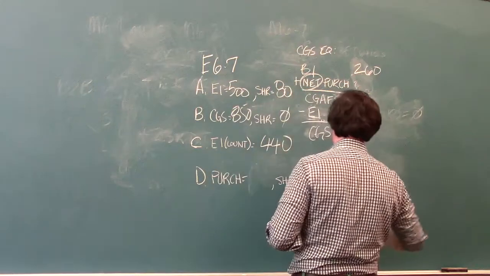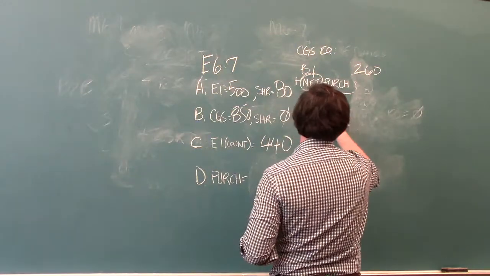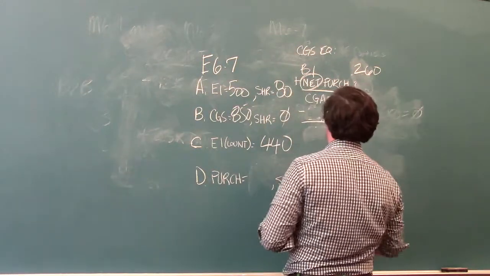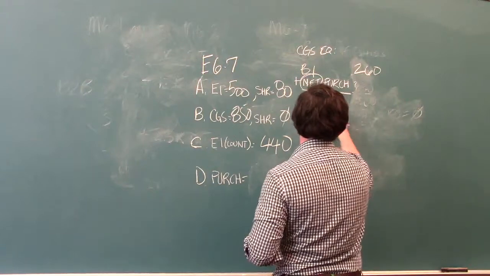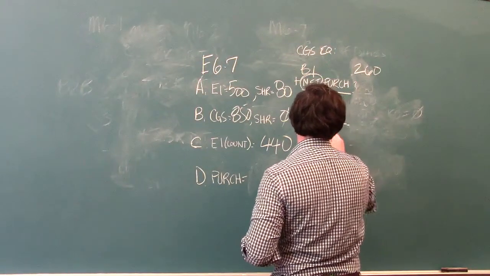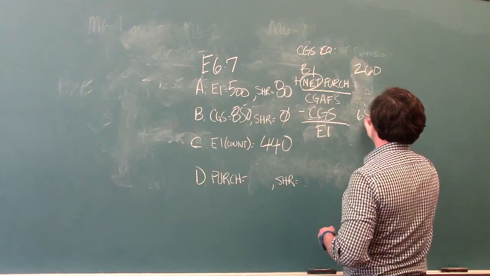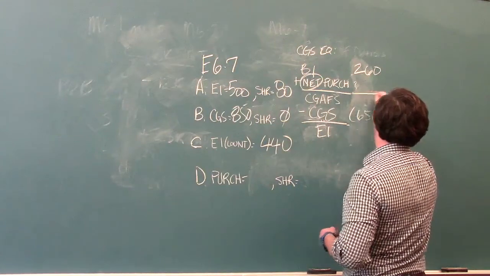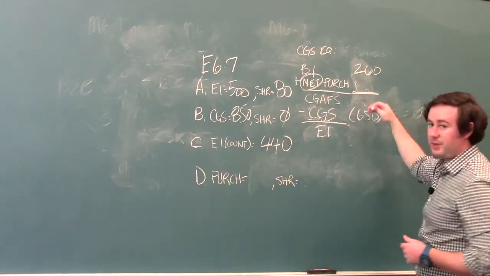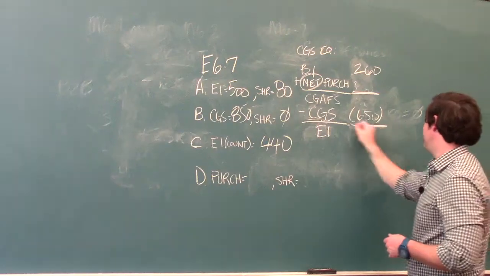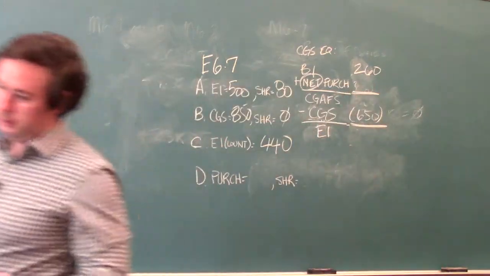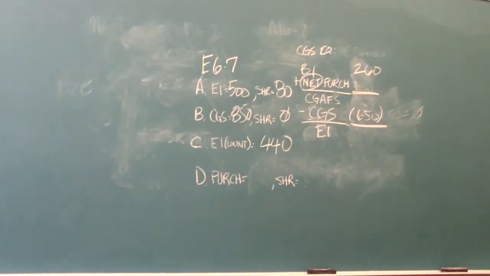So let's switch this guy out real quick too. Say cost of goods sold and ending inventory here. Cost of goods sold was $650. So we had something here that we subtracted $650 from to get us to ending inventory of $210.